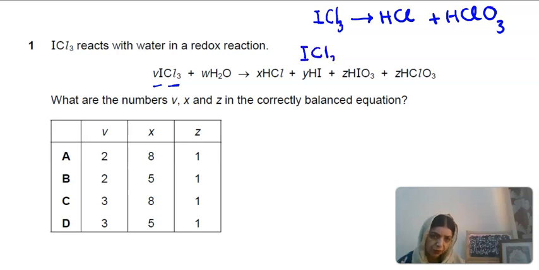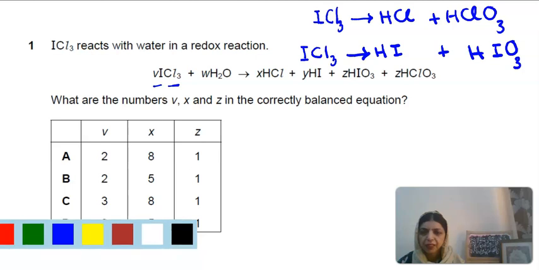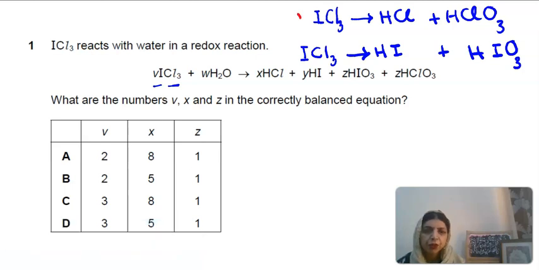If you divide this equation, ICl3 turns into HI plus HIO3. Usually in the oxidation number method you have only one substance simultaneously oxidized and reduced. But in this equation, you can see these are the number of moles which you need to determine.